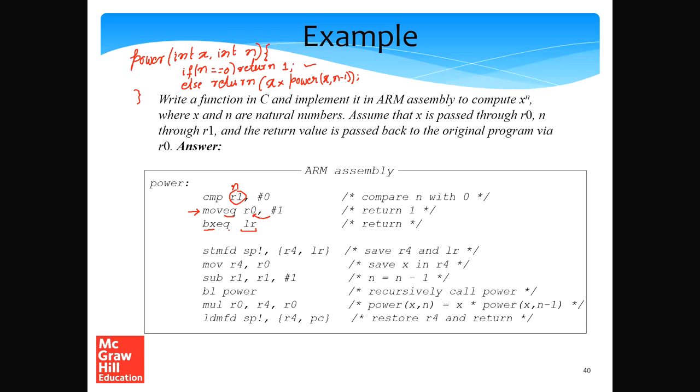Mind you, these two instructions are conditional instructions. If there is an equality found in the compare, these two instructions will execute. Otherwise, the hardware will just convert them to no ops. The nice thing about using conditional instructions is that we avoid branches, so it makes our code look very neat and straightforward.